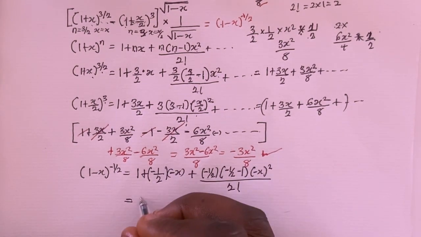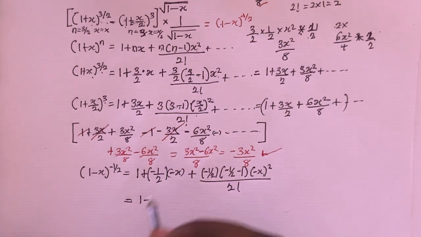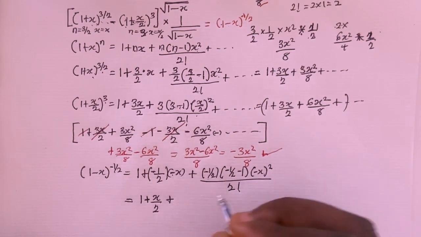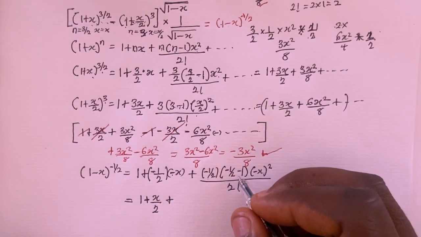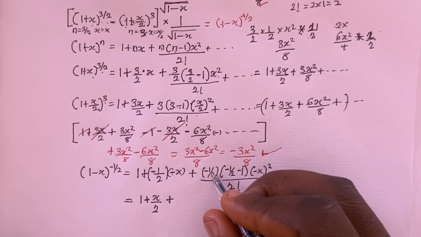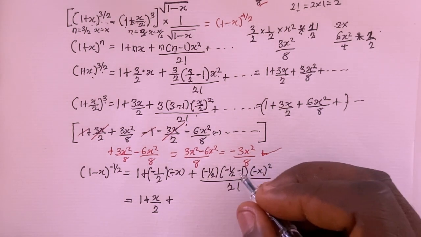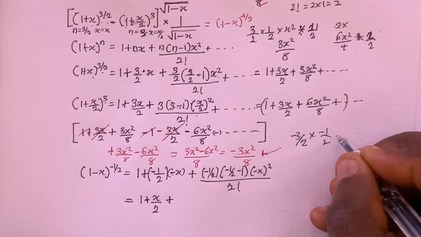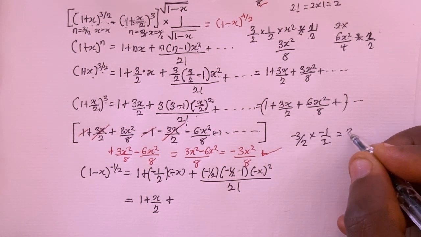Now, the next thing I'm going to do is that I'm going to have this equal to, this is going to be 1 minus, no. If you look at this, minus is actually plus, right? I'm going to have 1 plus x divided by 2, then plus, here I'm going to have minus 1 over 2 minus 1, that's actually minus 3 over 2, right? The minus 3 over 2 multiplying this, that's going to give me plus. If you look at this very well, this is going to be minus 3 divided by 2, then multiplied by minus 1 over 2. This, obviously, is 3 over 4.